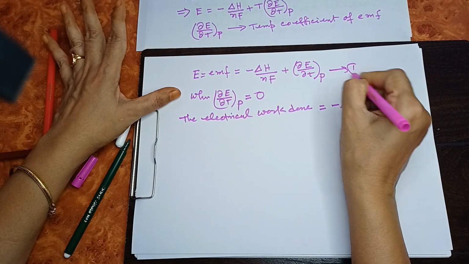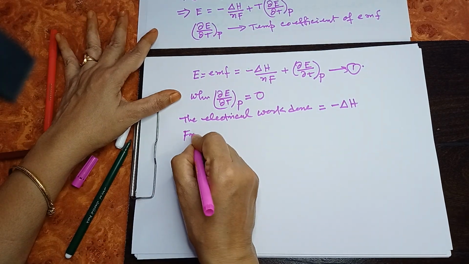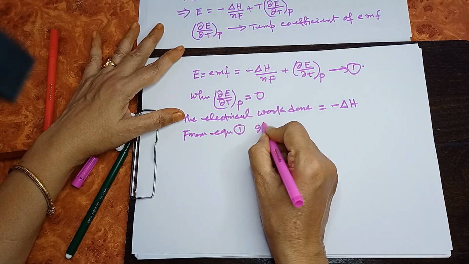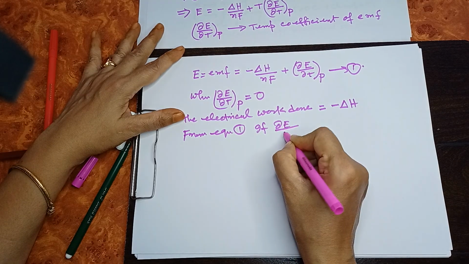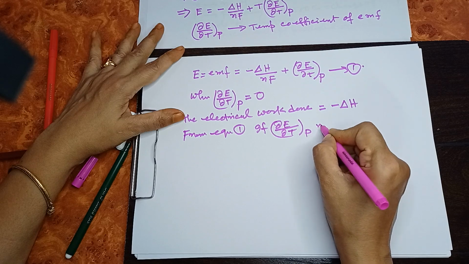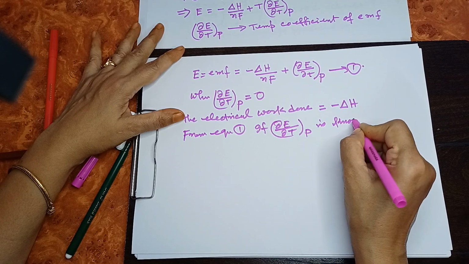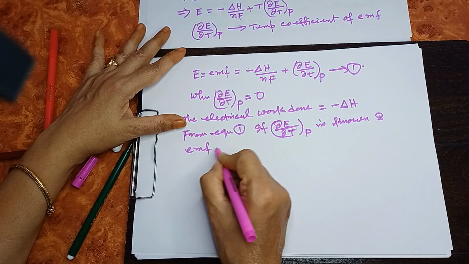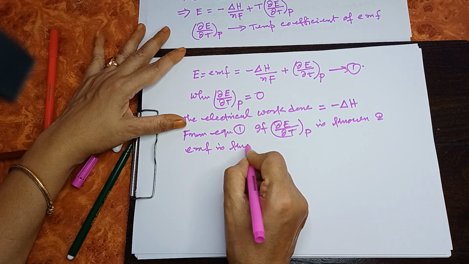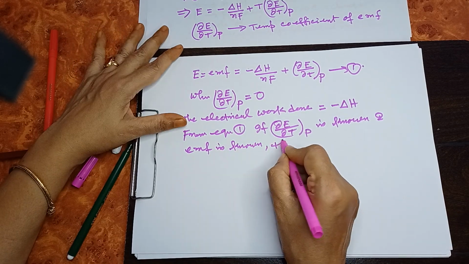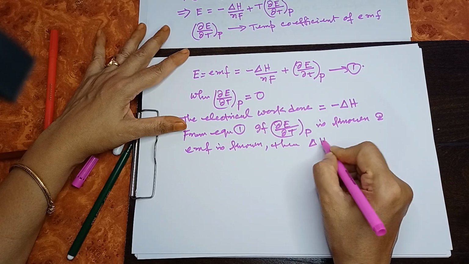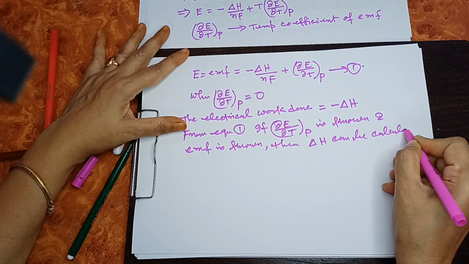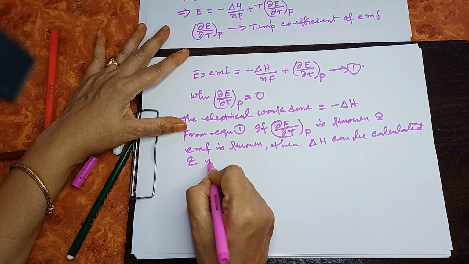So from equation 1, if ∂E by ∂T at constant pressure is known and EMF is known, then delta H can be calculated, and vice versa.